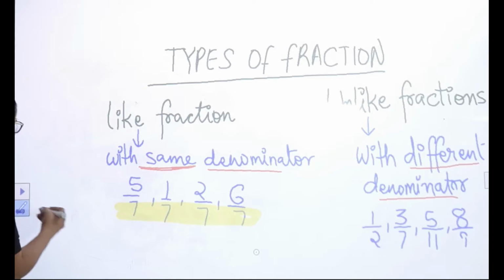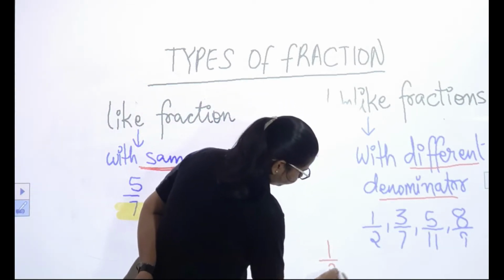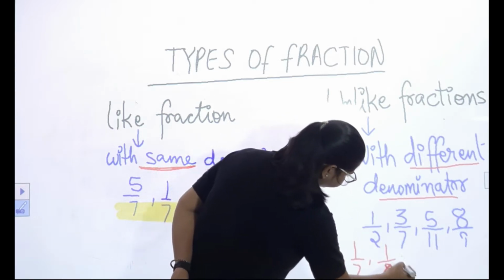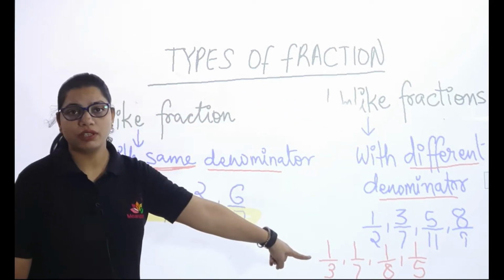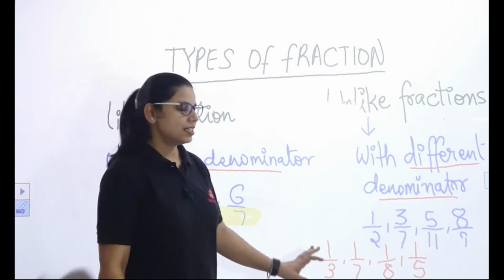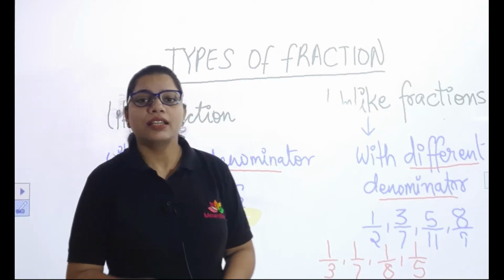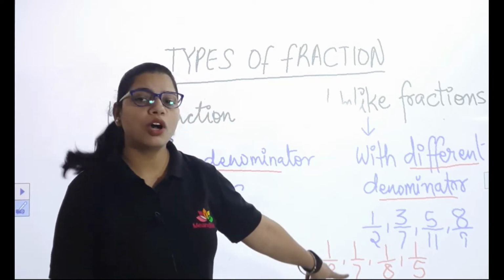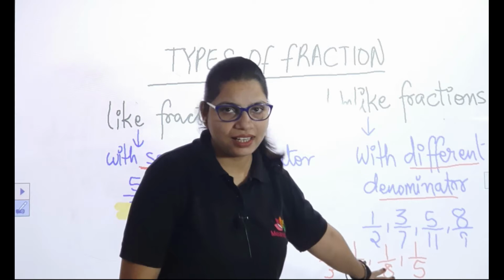Now, if you have fractions like 1 upon 3, 1 upon 7, 1 upon 8, 1 upon 5, what type of fractions will these be, where all the numerators are the same? Numerators are the same here, but they will also be unlike fractions because the power of decision is with the denominators. Here the denominators are different, so they will be unlike fractions.